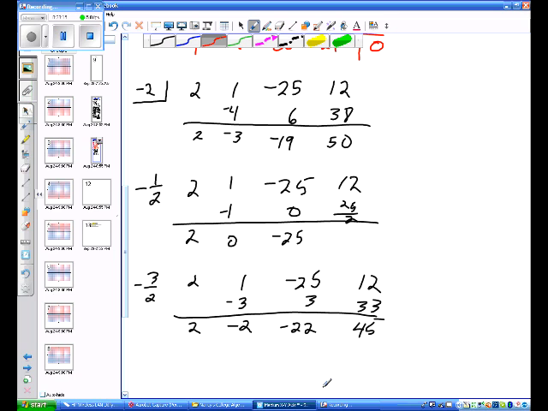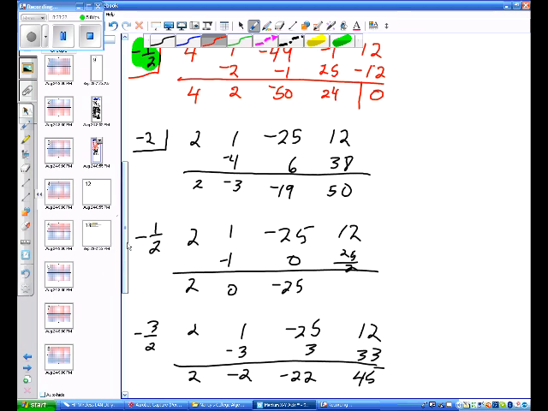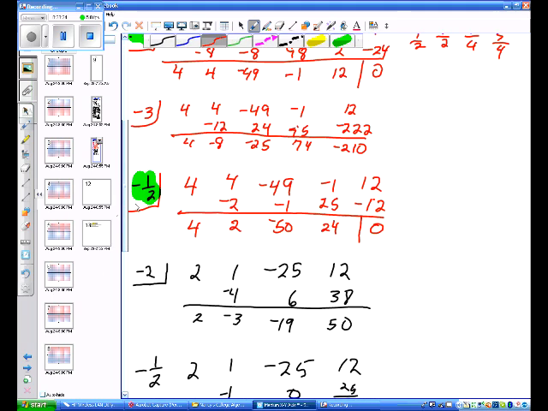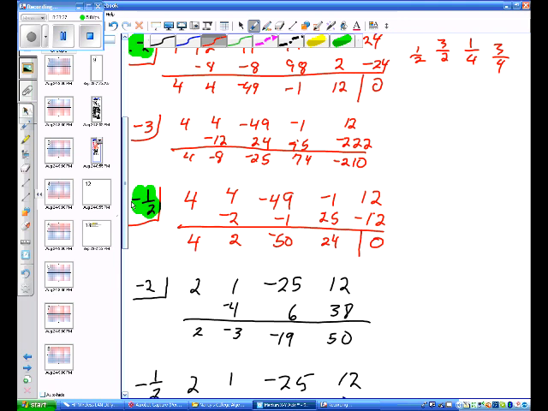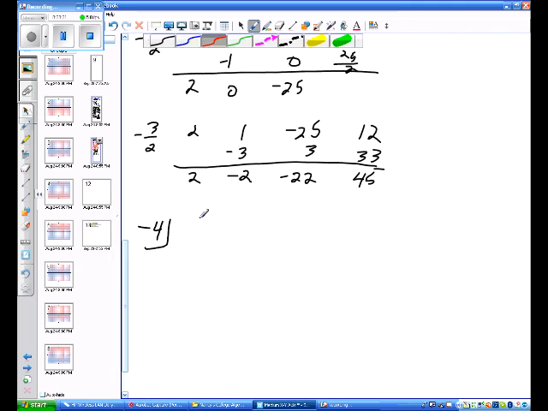Well, then we're going to have to go back with some of our integers. We tried the 1, -1, it didn't work, -3 didn't work, -2 didn't work, so let's go ahead and try our -4.